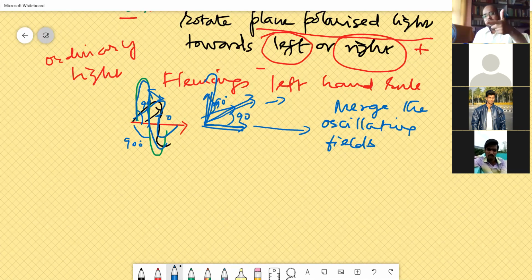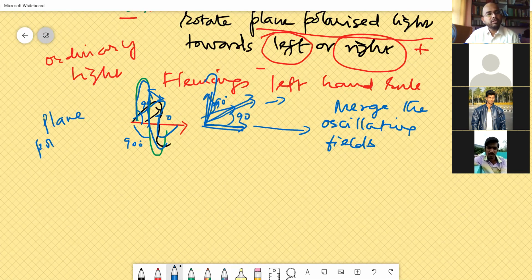Fleming's left-hand rule will be like this: this is the propagation of the electromagnetic radiation, this finger represents the electric field and this finger represents the magnetic field. Now they will merge these two in a single plane. So merged light will be called plane polarized light.